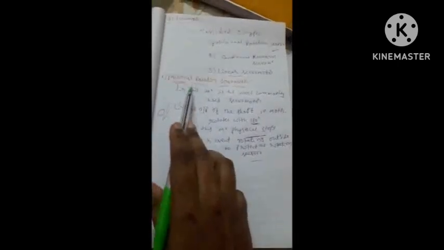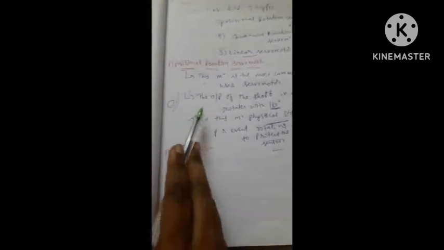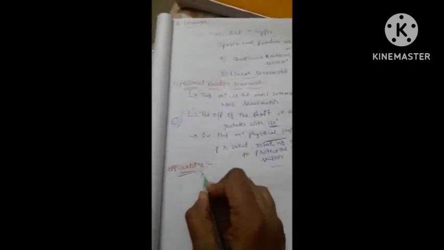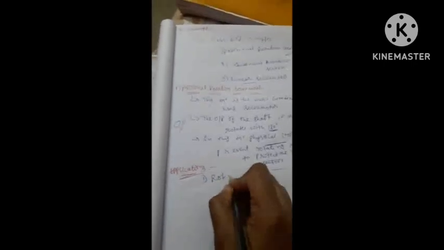So the main applications of this positional rotation servo motor. First application, these motors are mainly used in robots.